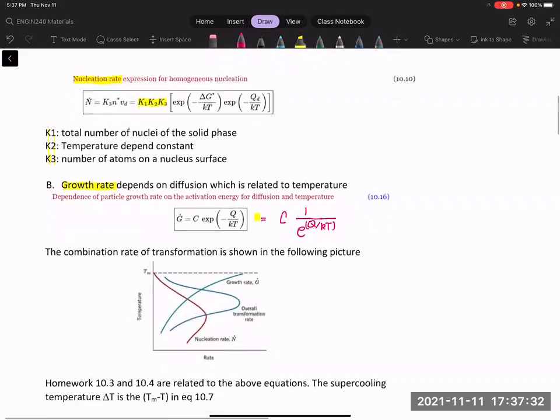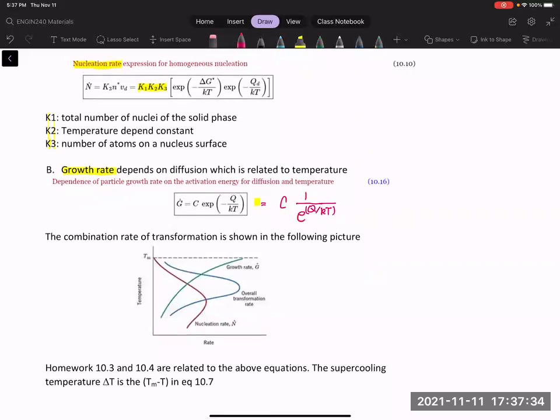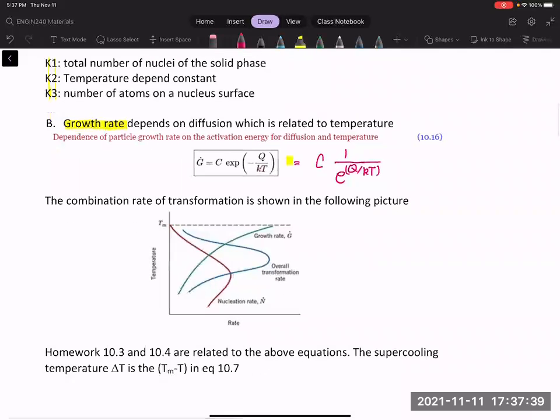Okay, now if we combine these two different rates, then you will come up with this picture here. The rate at the bottom is 1 over second, and the y-axis is our temperature. The Tm represents the melting temperature. So if you go lower than the melting temperature, then you will have a solid solution, right? Liquid will become a solid.